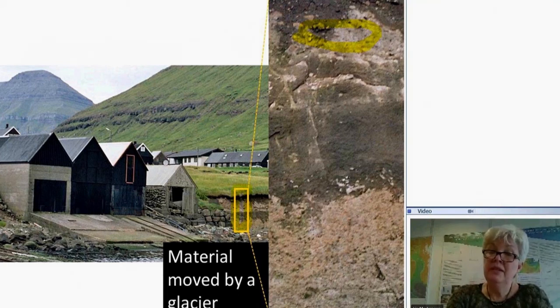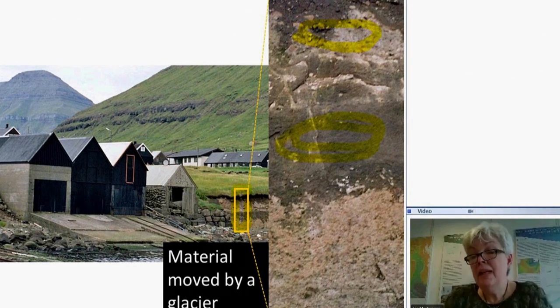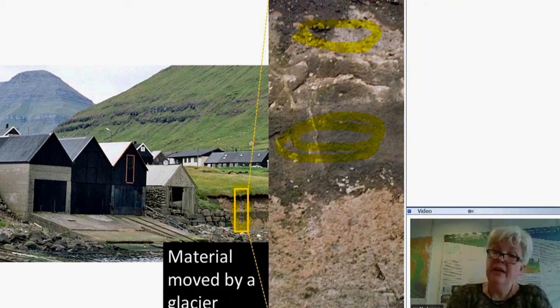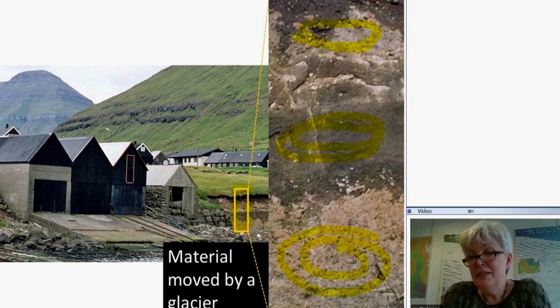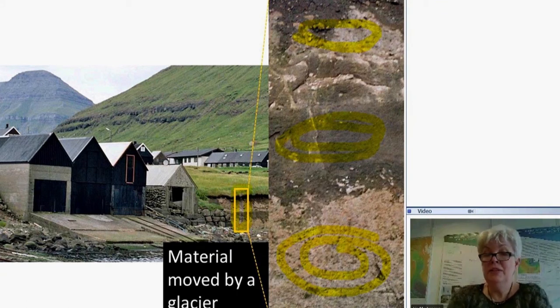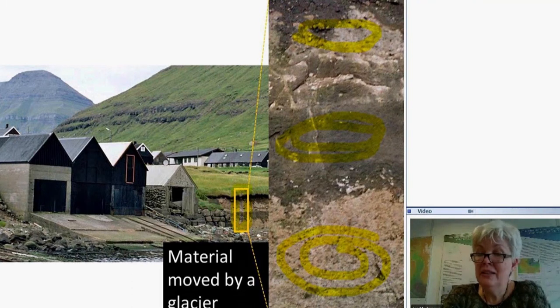Then we can see another kind of material that was actually placed there at the time of the last interglacial, about 130,000 years ago. And then in the lowest part we see an older ice age, the Saale ice age. So this is an interesting window into a glacial history that we are looking at.